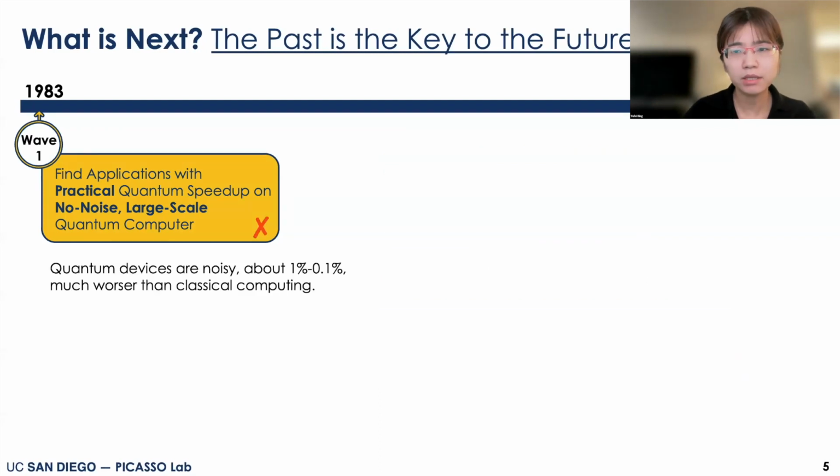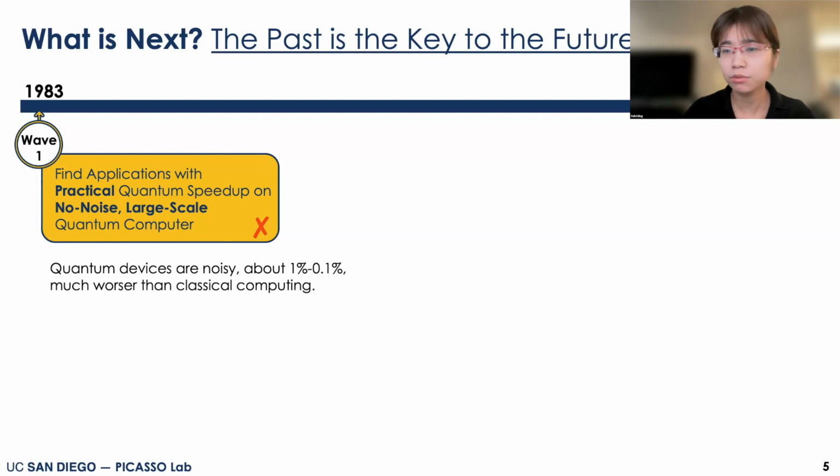But soon, experimental scientists found that the noise on quantum devices could be much larger than that on classical devices. Even nowadays, the gate error can be about 1% or 0.1%, which is almost 10 orders of magnitude higher than what we have in classical computers.